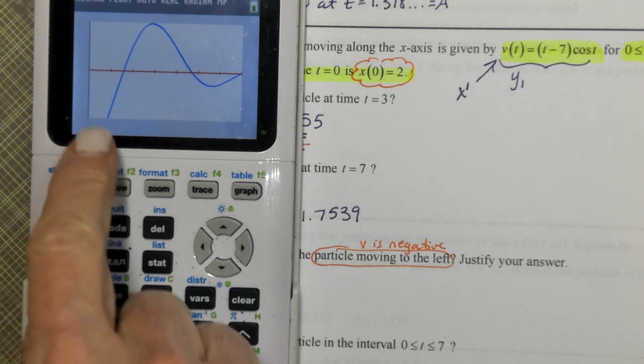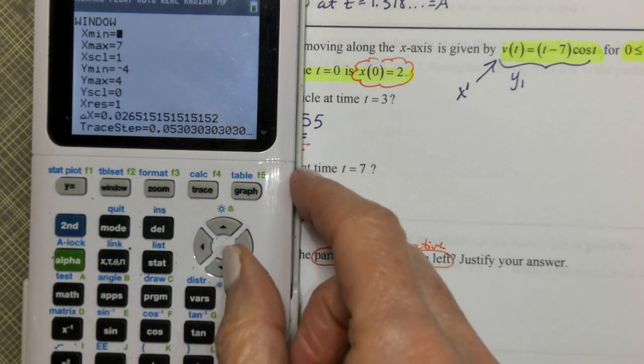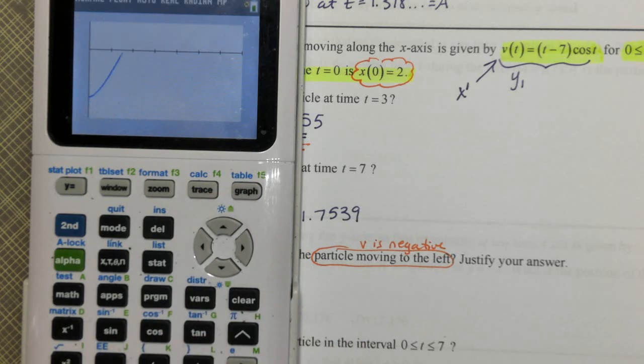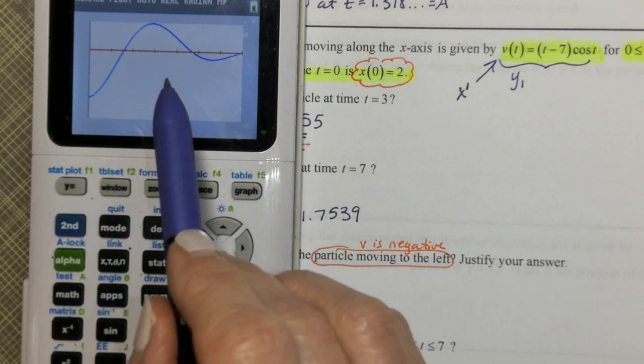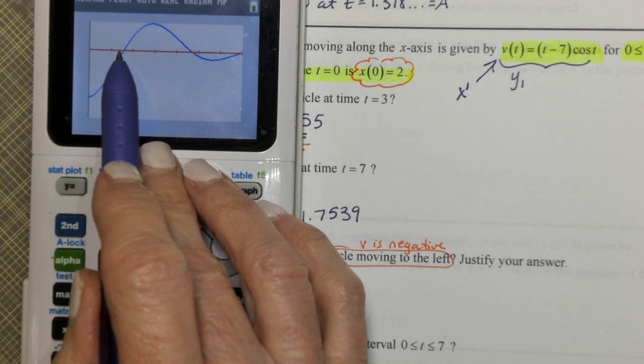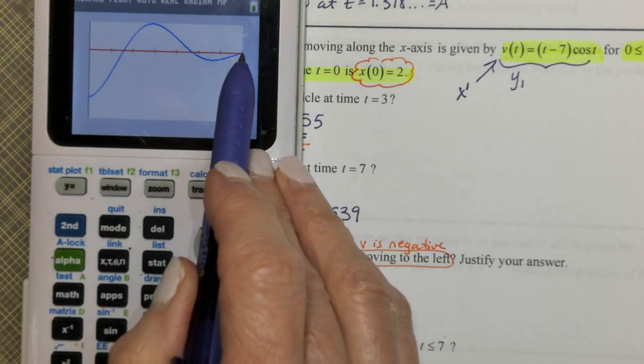And I cannot see down here all that well, so I'm going to go and see a little bit further down on my y-axis, maybe to negative 10. There we go, that's plenty. So this is velocity, and it is negative from 0 to this value, and then again from this value, looks like to 7.